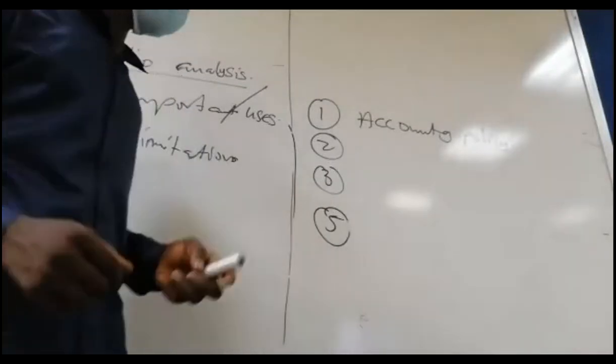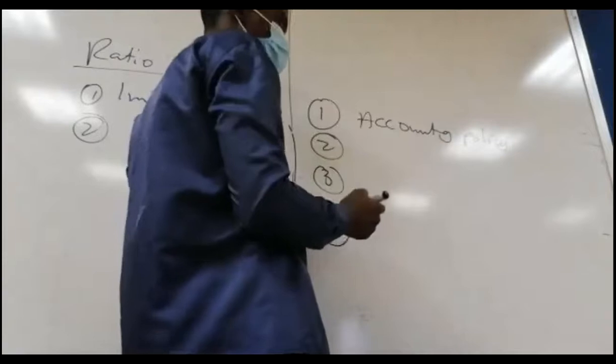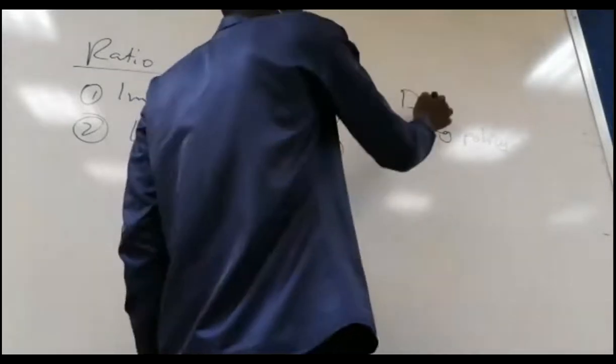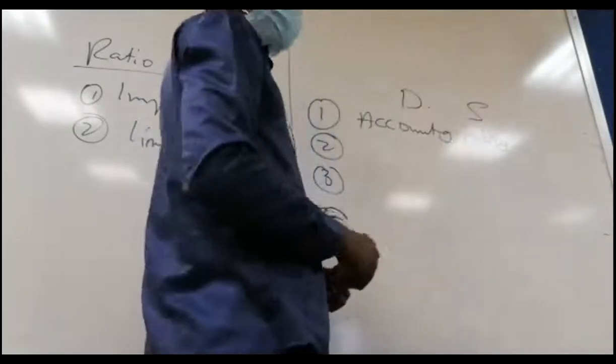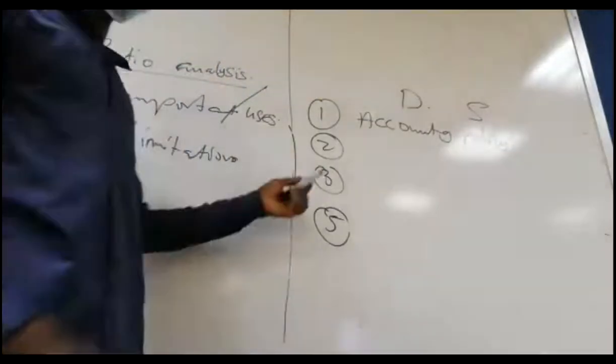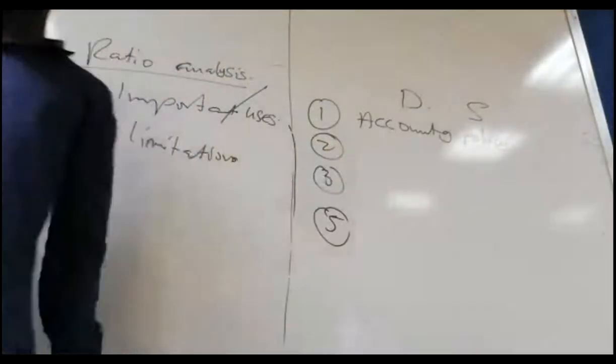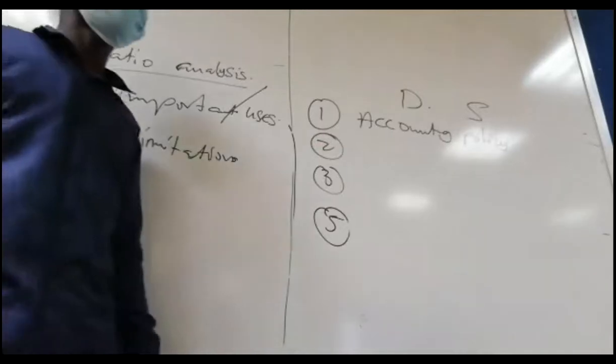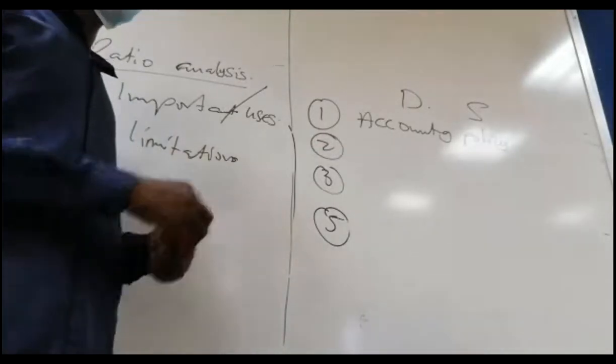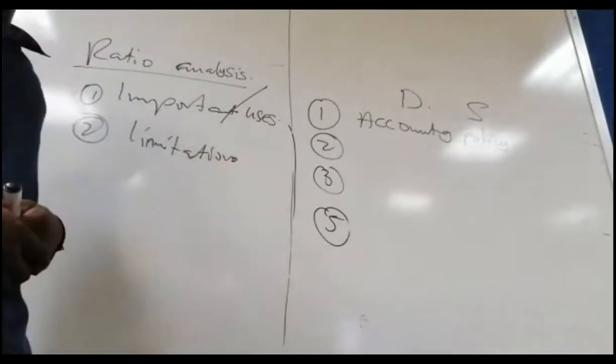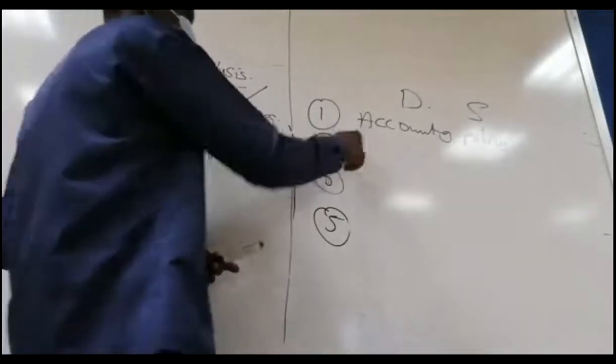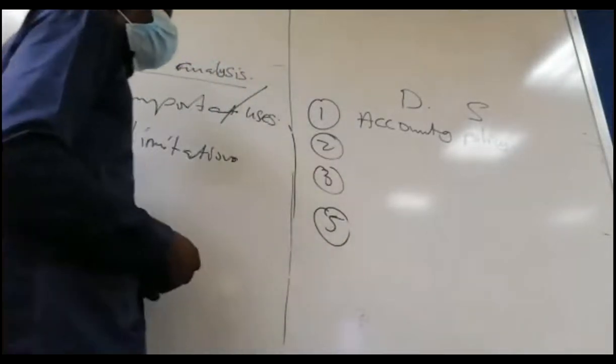Again, if you are comparing two companies together, let's say Diamond and Shine, and all of them are using different accounting policies, you won't come out with the actual performance. Good. Number two, so how do you put it?